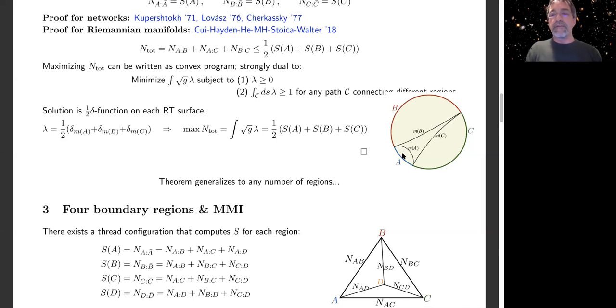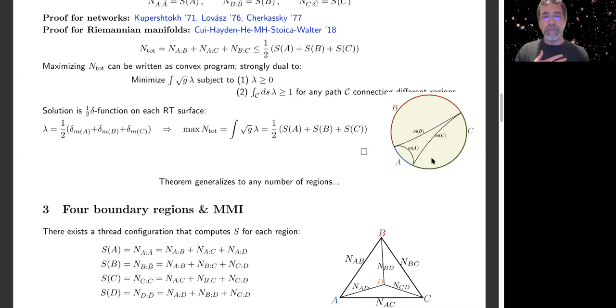That's why it solves the constraint, because to go from A to C, you have to cross 2 walls, each of height a half. Thanks. And you can show, I mean, it's not totally obvious that that's the optimum, but if you think about it, it is, and you can prove it.